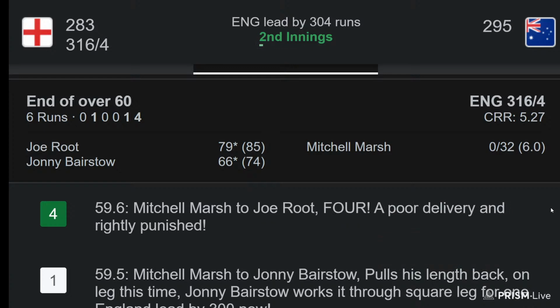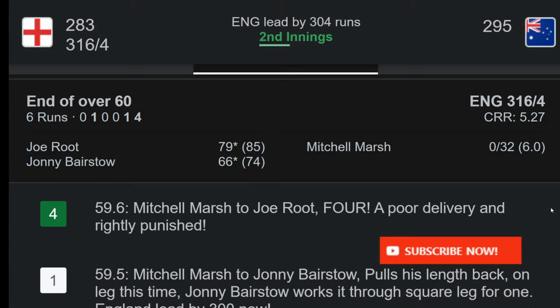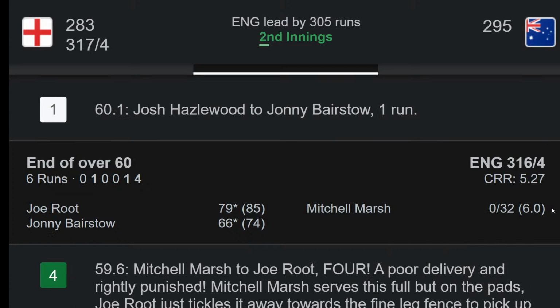So end of the 60th over. One on the second ball, one on the fifth ball, and 4 runs on the last ball. So 6 runs in this over. 304 runs led by England. Now the first ball of Josh Hazlewood's over, 317 for the loss of 4 wickets.